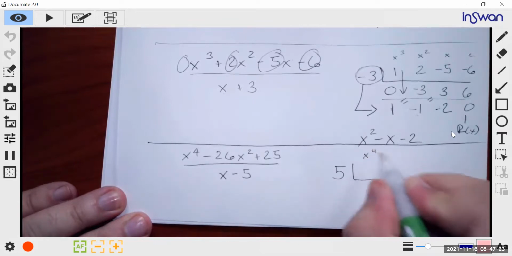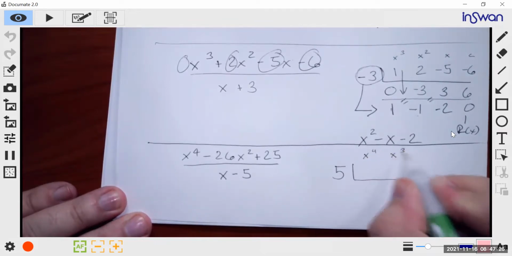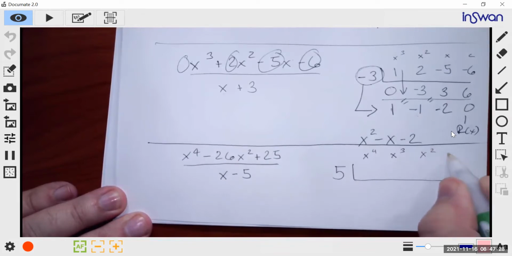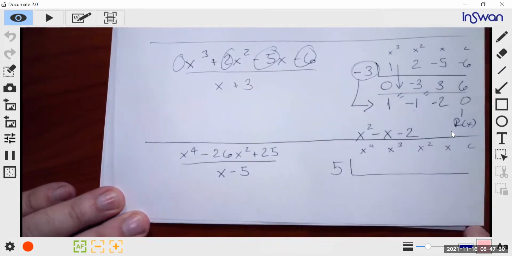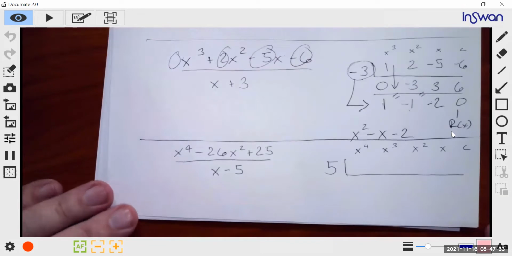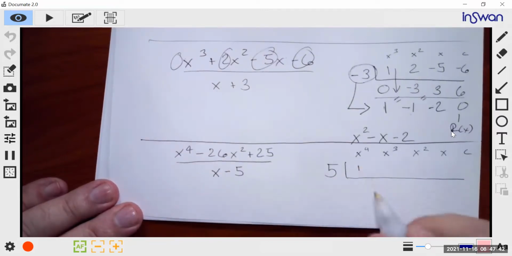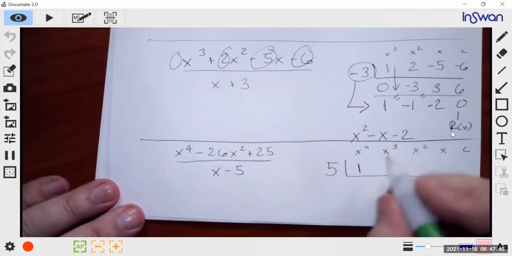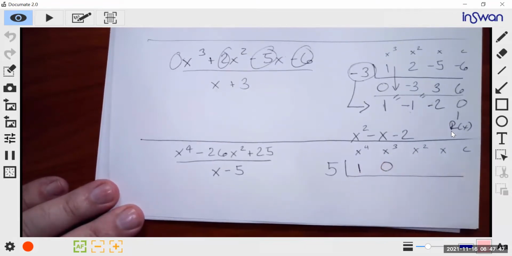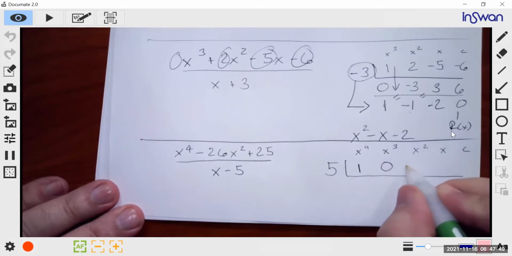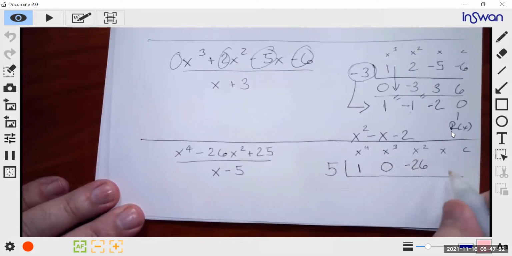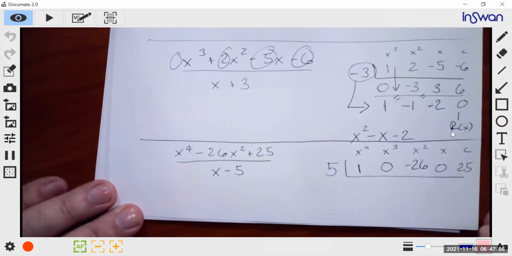Remember when setting it up, start with the highest, and you have to go down from there. So the coefficient of x to the fourth is 1. Coefficient of x cubed? It's not there, so it's 0. X squared, x, and then the constant. Very good.